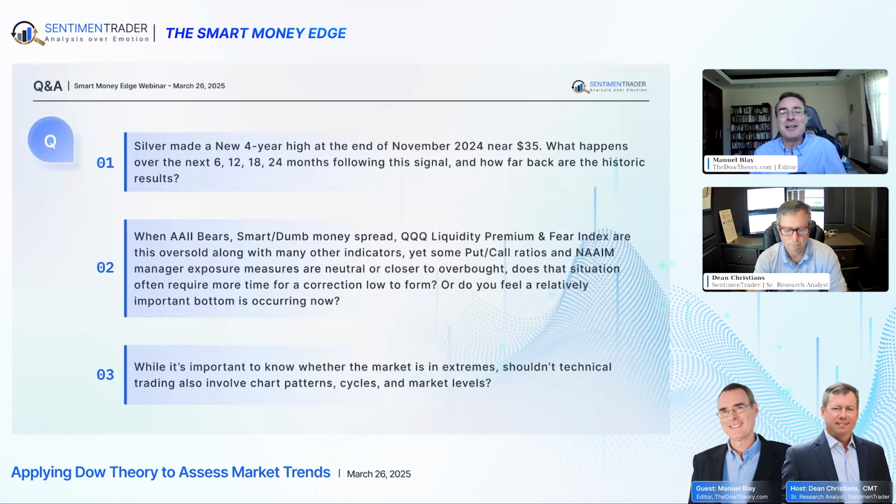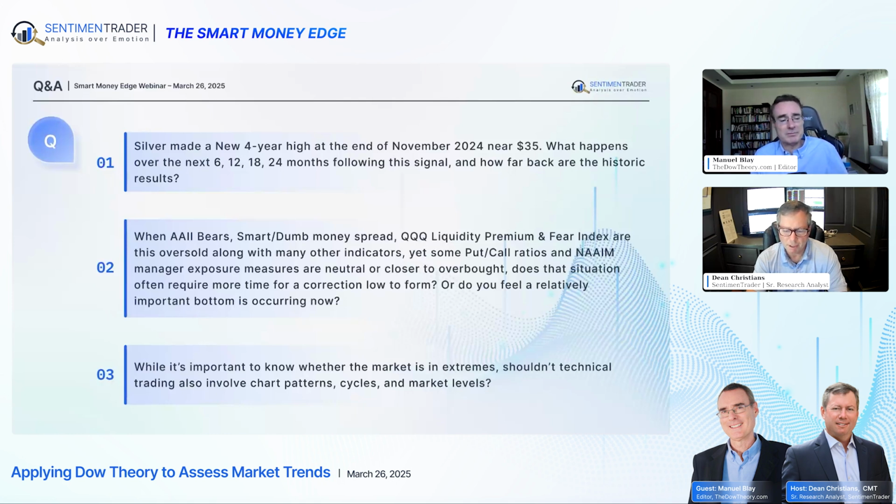I have the Dow Theory, the additional input from SentimenTrader, and my Blind Time indicator, based on the trend of margin debt. They complement each other, so the two of them together in my composite indicator work much better than each component separately. So maybe Dean can say a little bit more.